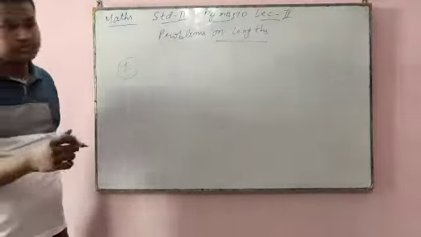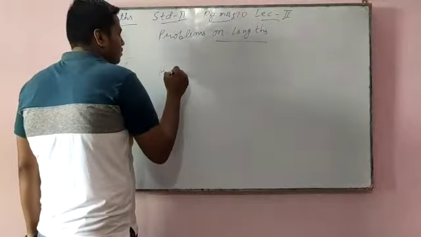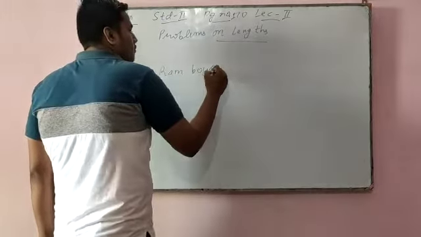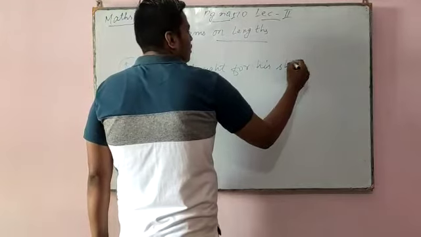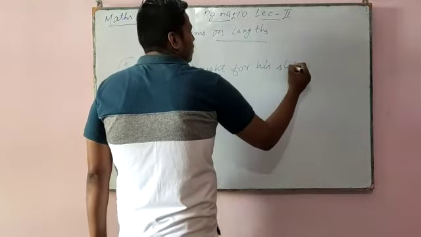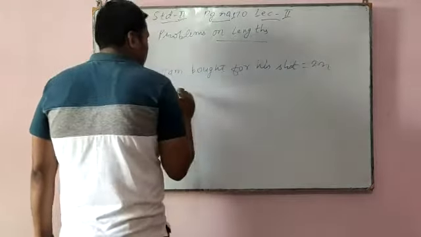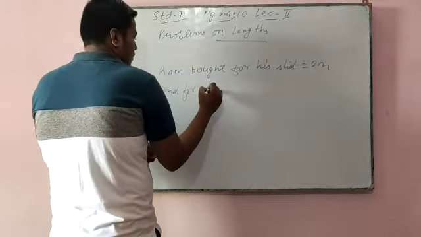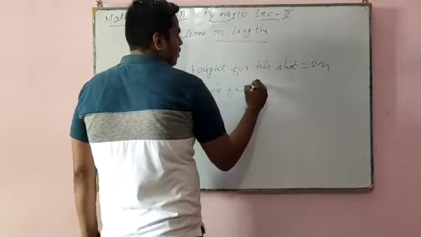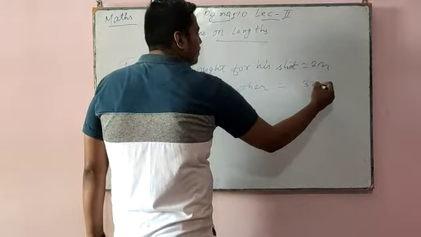Very easy. See, Ram bought, for his shirt, 2 meter. And for his father, he bought 3 meter.